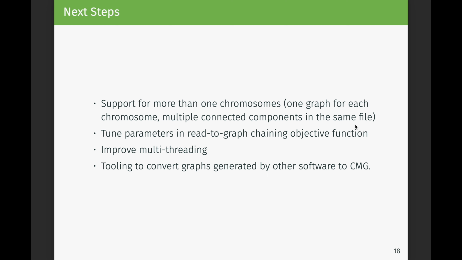We also want to tune parameters in the read-to-graph chaining objective functions, that's the A' and B' in the previous slides. And of course, we want to improve multi-threading and add tooling to convert graphs generated by other software like MiniGraph or VG to our ChromMiniGraph format.